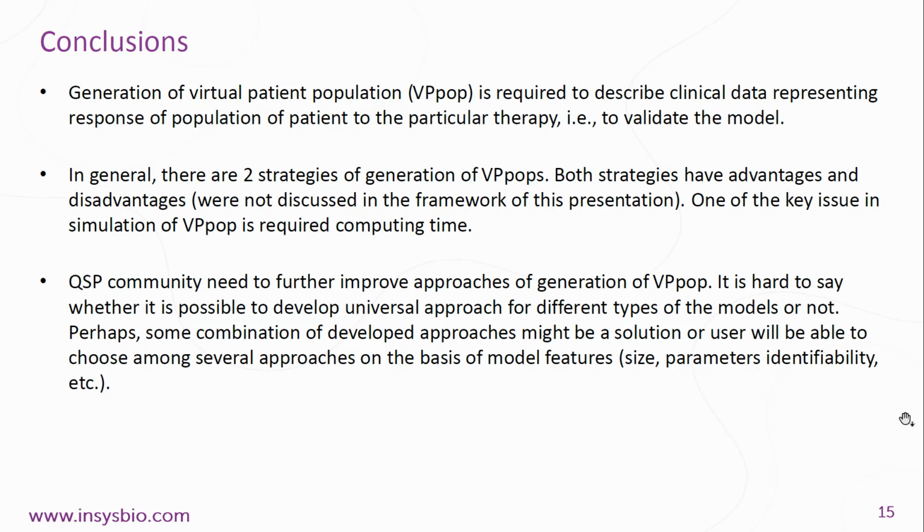I don't know whether it is possible to develop some universal approach for different types of models or not. Maybe some combination of developed approaches might be a solution. Or, for example, we can develop a list of approaches, and the user will be able to choose any of these approaches based on the features of his or her model.